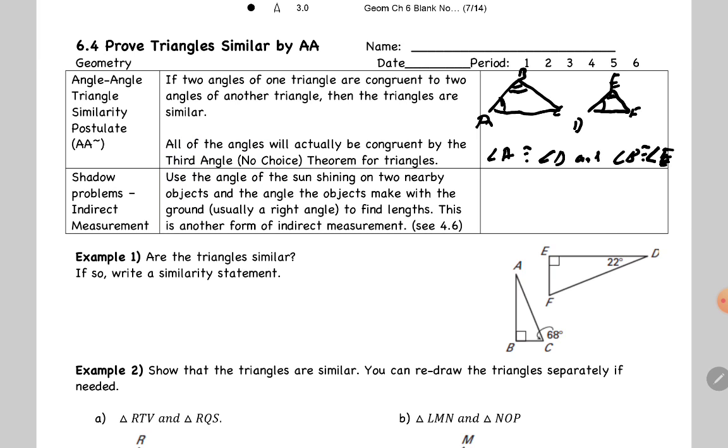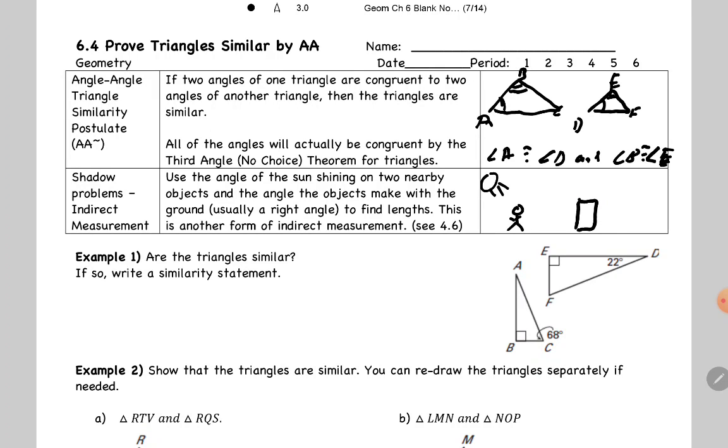Shadow problems in direct measurement. Basically, they use the sun shining on two nearby objects. So let's say we had a person here, and then we had a tree. Let's make a better tree.